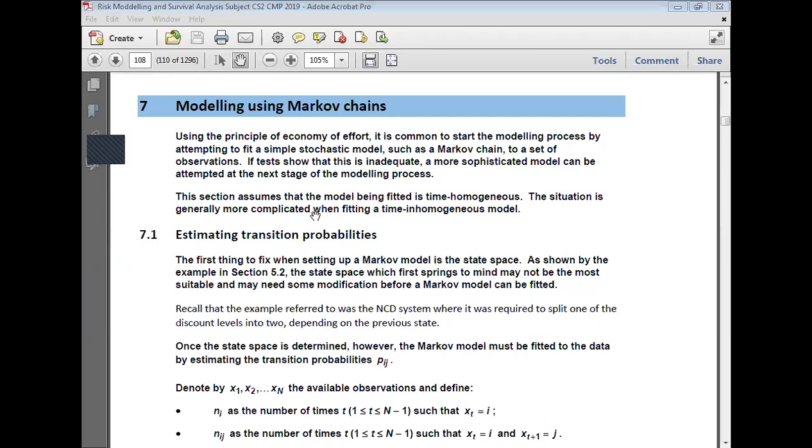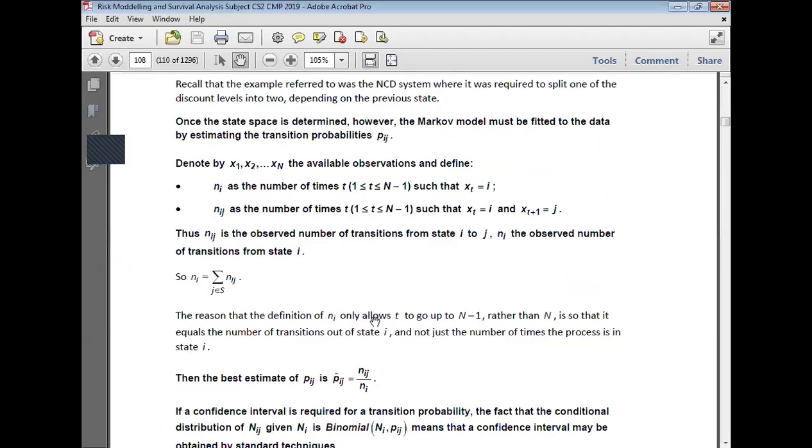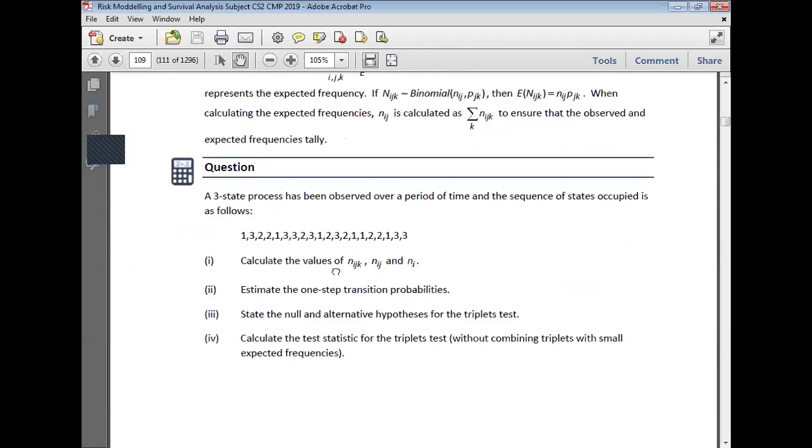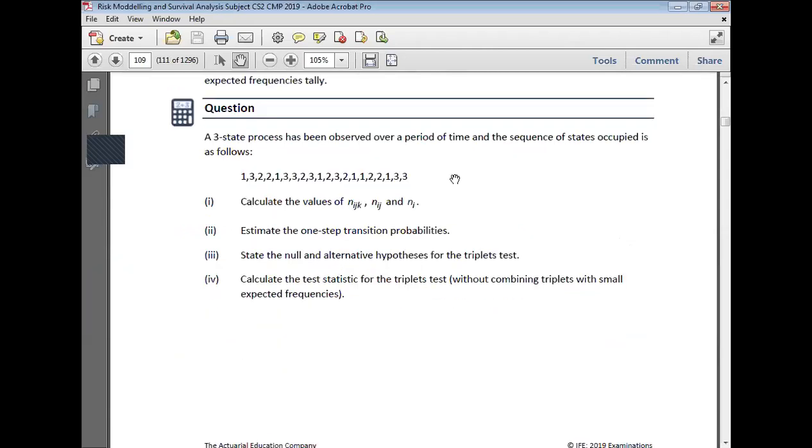So what we're going to do now is have a look at how we actually model Markov chains. Sometimes I do not know if a chain exists or not. All I can see is a process. So this is a process that I have observed. And again, they have given to us in the question that this is a 3-state process. So my state can either be 1 or 2 or 3. Cool. But I don't know my transition matrix. I don't know any probabilities. So what do you guys think I can do now?